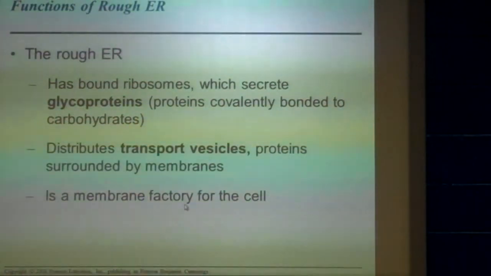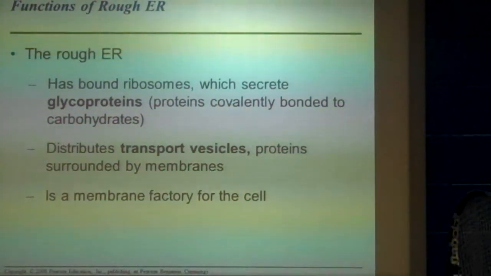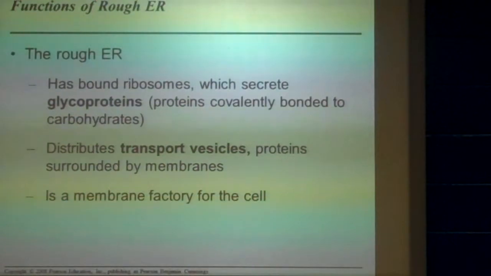When we say it's a membrane factory for the cell, it makes ER membrane, then pieces of it bud off and merge with other areas that need more membrane. So if you bud off a vesicle from the plasma membrane, it'll make the cell membrane smaller, but then it'll build back up as pieces from the ER join it. So it's always growing and shrinking, but it pretty much stays about the same.